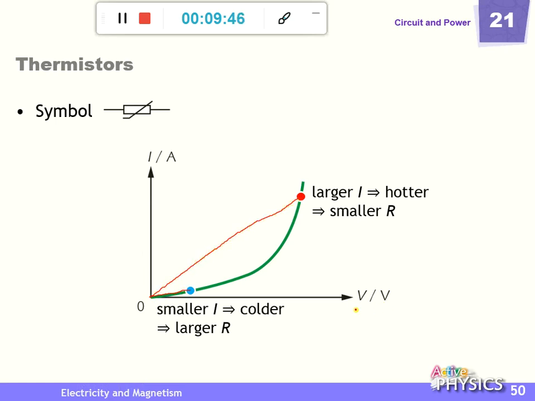And also focus on the axis. I is V over R, which means that the slope is 1 over R. This one is steeper in slope, so R should be smaller.